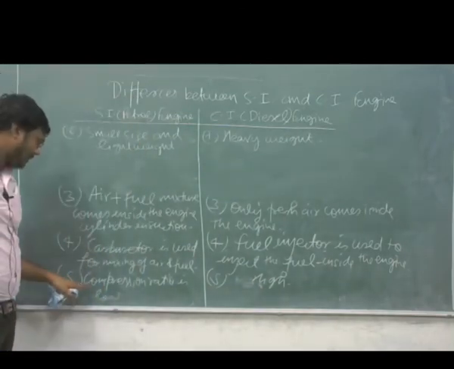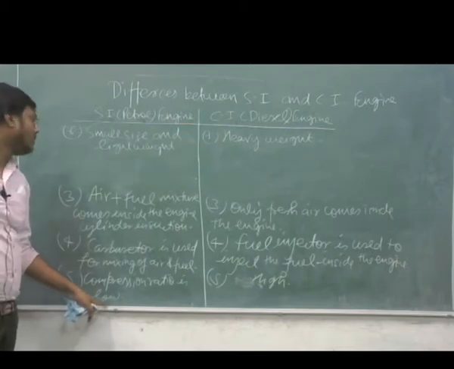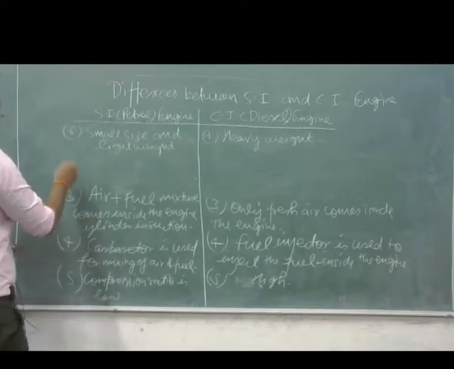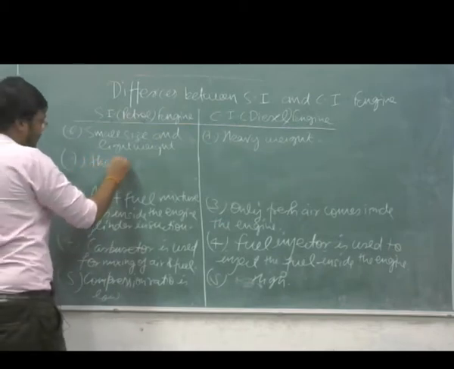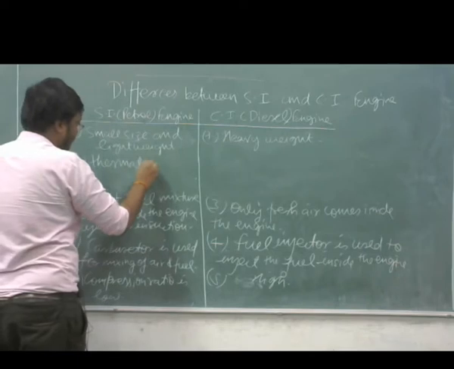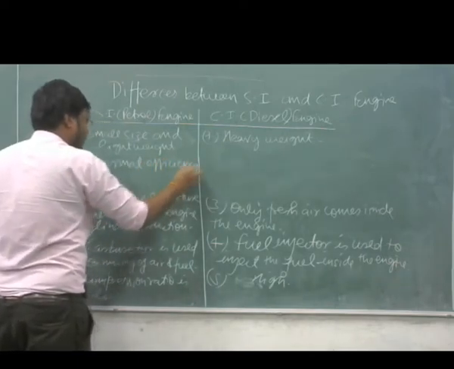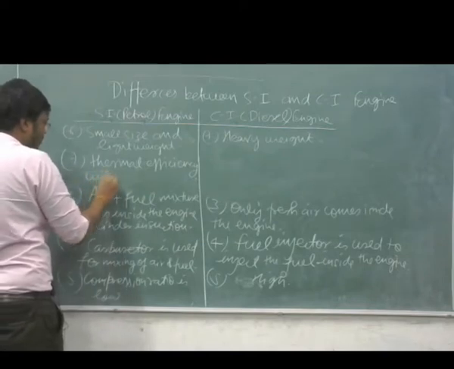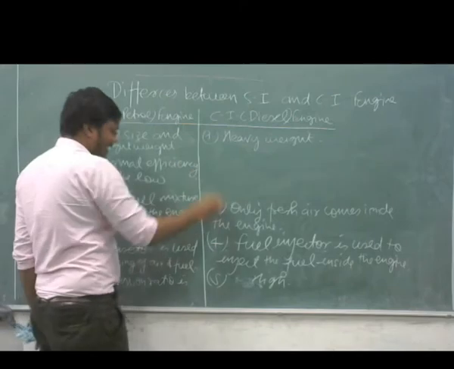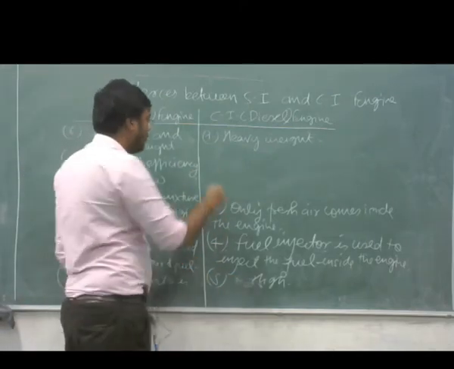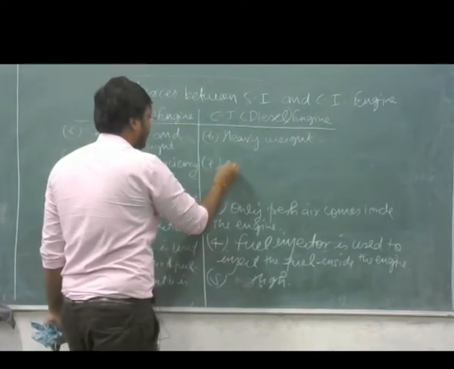Another thing we can write: here the compression ratio is very low, so thermal efficiency is also very low. Seventh point, thermal efficiency will be low. But here, as the compression ratio is very high, thermal efficiency will be very high.